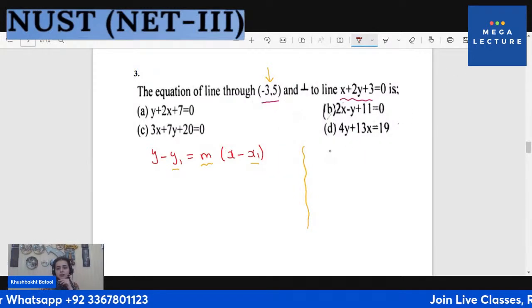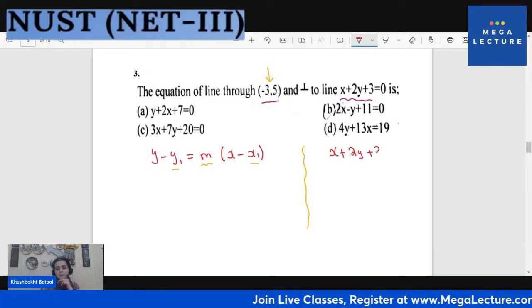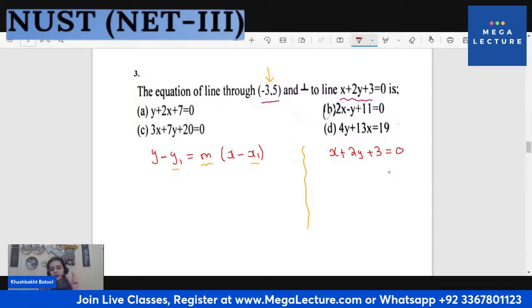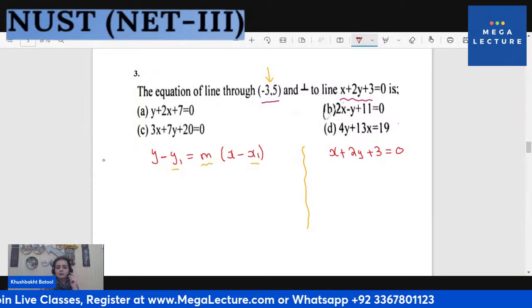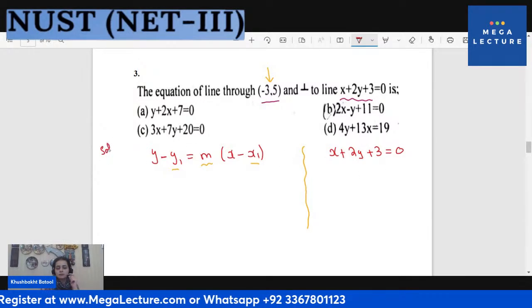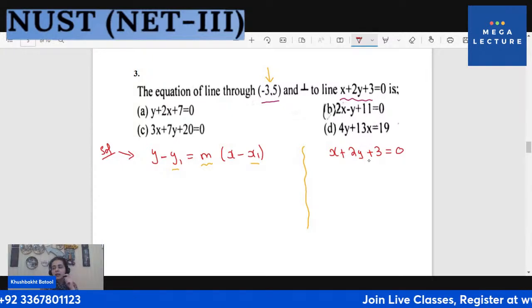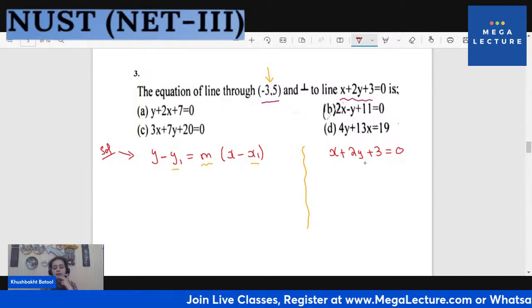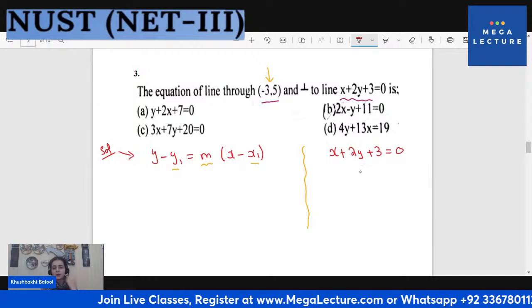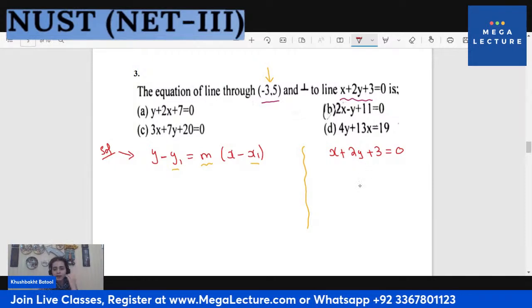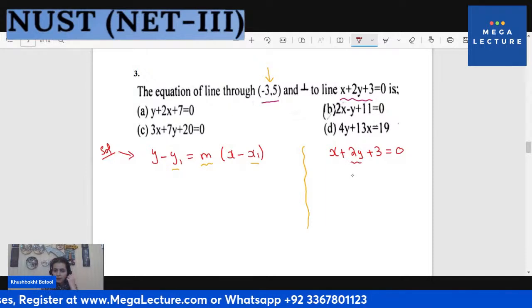The equation is x plus 2y plus 3 equals 0. This line is perpendicular to this line, to this line basically. So I need to find the gradient of the perpendicular line, and then by using the concept of negative reciprocal, I will find the gradient of my line whose equation I'm finding basically. So for that I need to make y the subject.